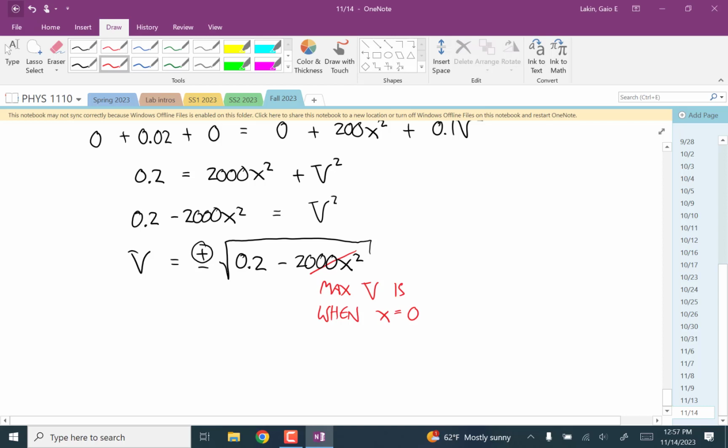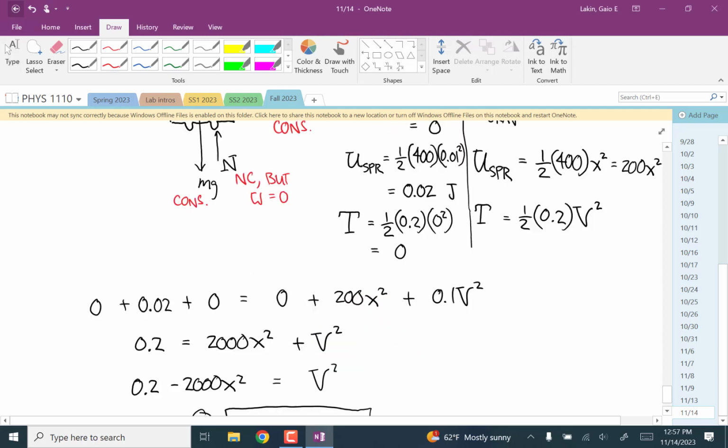Yeah, one more time. Well, we have this relationship between speed and deformation of the spring. And since this square root expression gets smaller for any x value, the biggest this can be is when x is equal to 0.